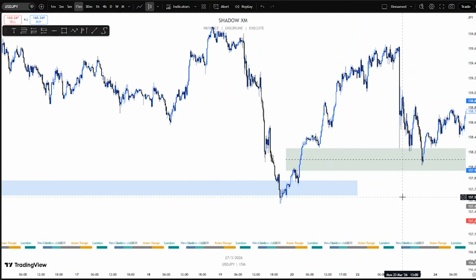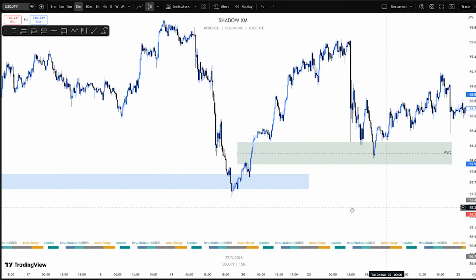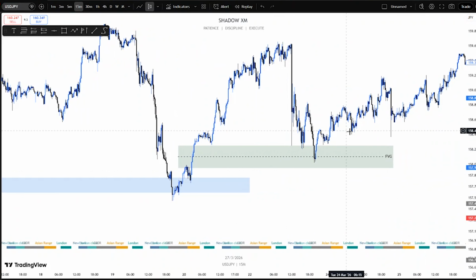So as you continue the trend, you come here, you have a 4 hour FVG, right? From this 4 hour FVG, this was also reacting from an FVG right here.